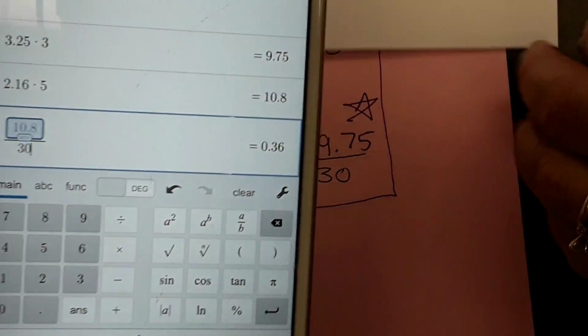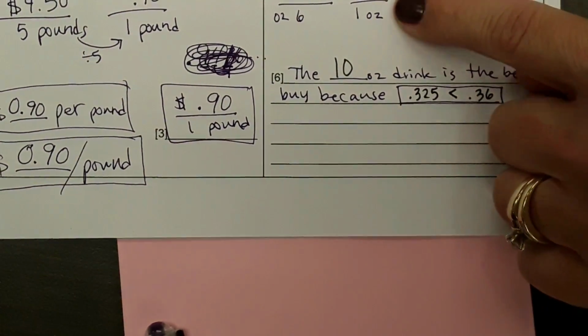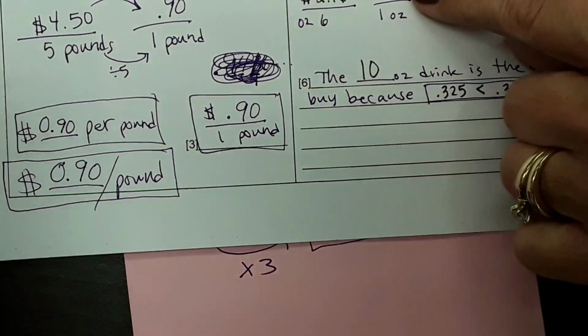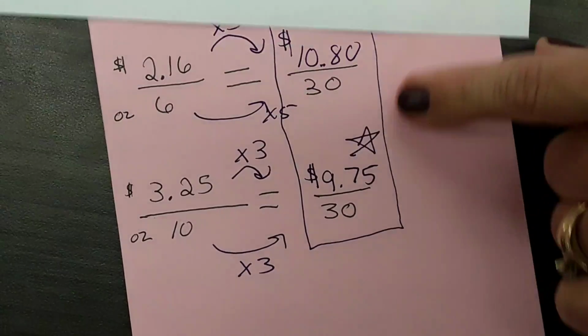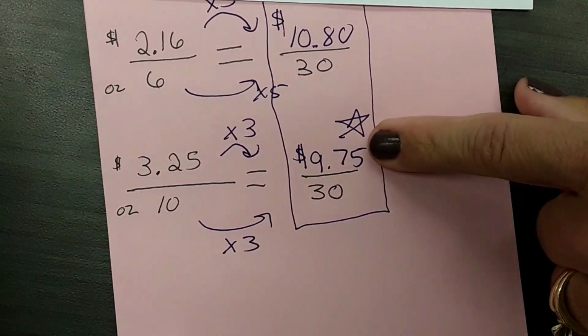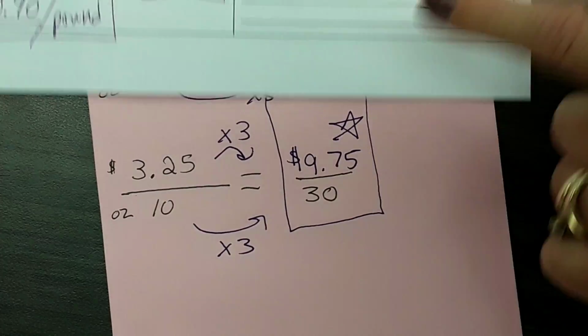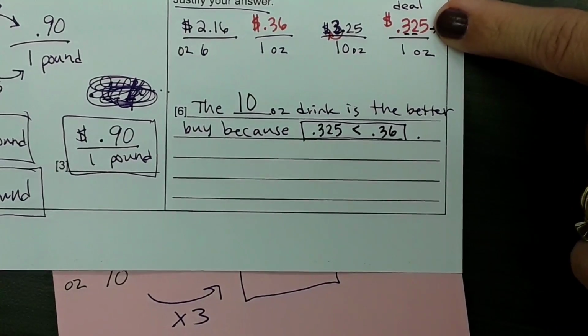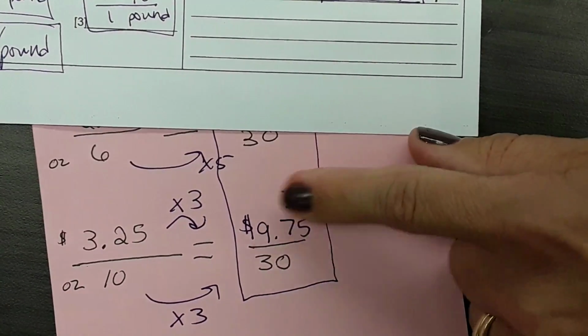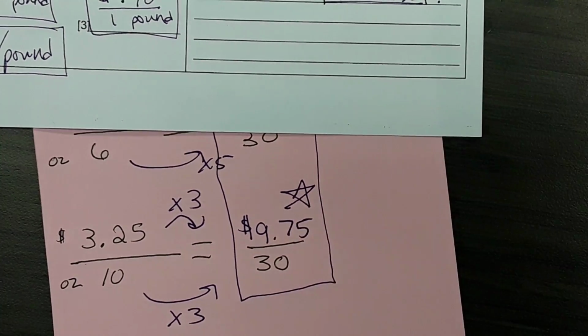That sounds familiar. Yep. No matter what, when you have equivalent ratios, you're going to get the same unit rate. You can try it on your own, guys. 975 divided by 30, I bet you're going to get this answer here. Unit rate: numerator divided by denominator. Good stuff. Woohoo, done.